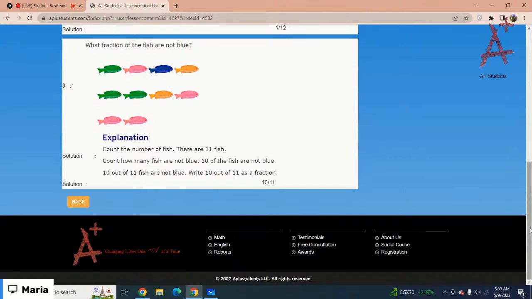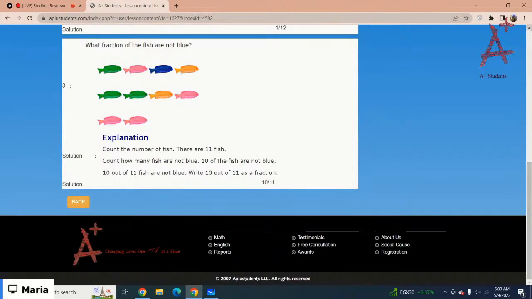One out of 12 it is. The total fishes are 10 and 9 out of them are not blue, so it would be 9 over 10. Got it?